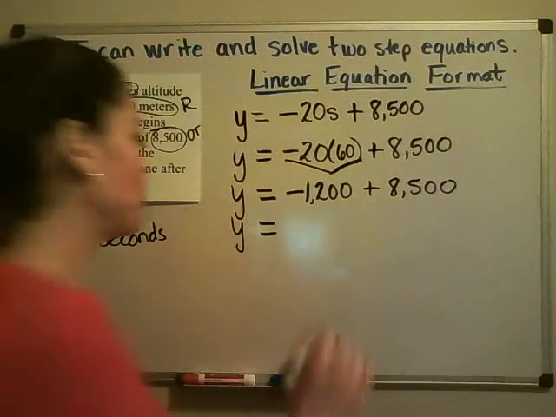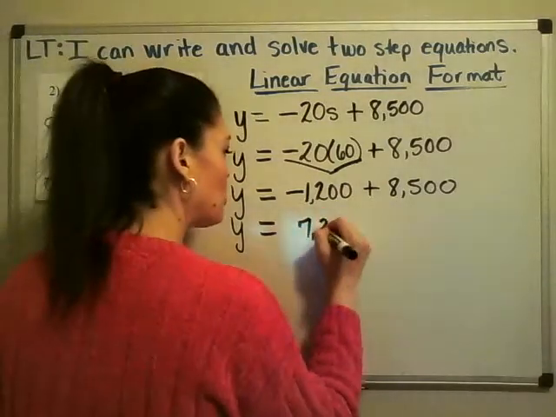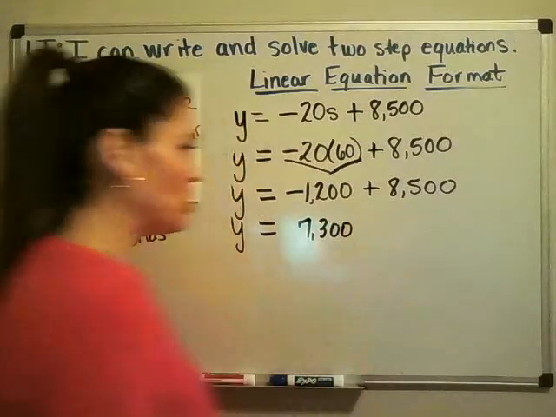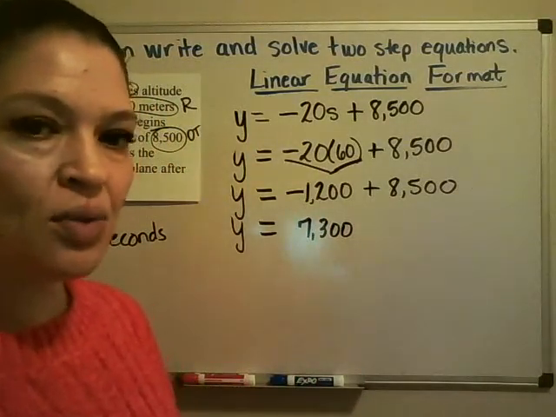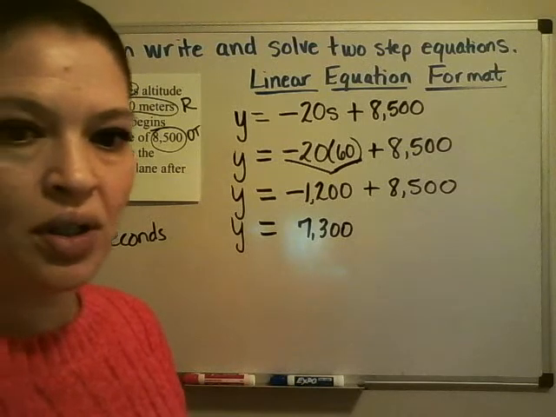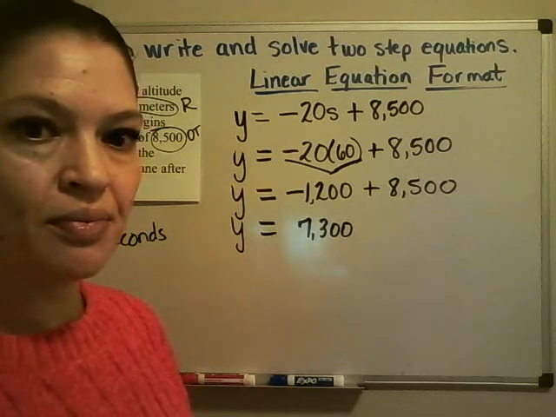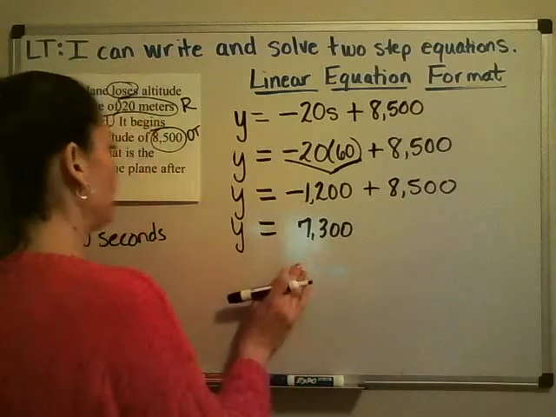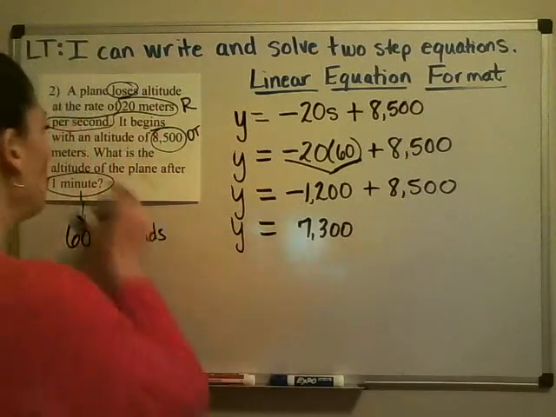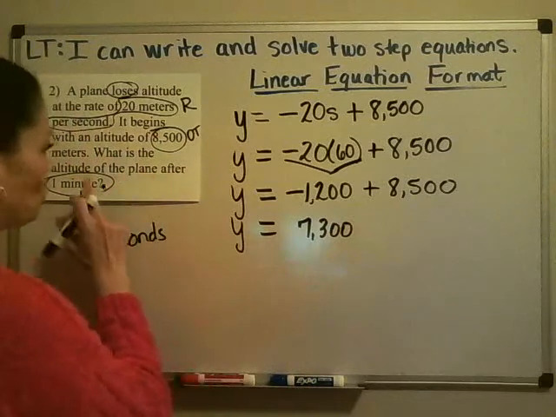You should get 7,300. And my question to you is, is that 7,300 negative or is it positive? It should be positive. So I'm going to leave it like that. Or let's answer the question. What is the altitude of the plane after 1 minute?